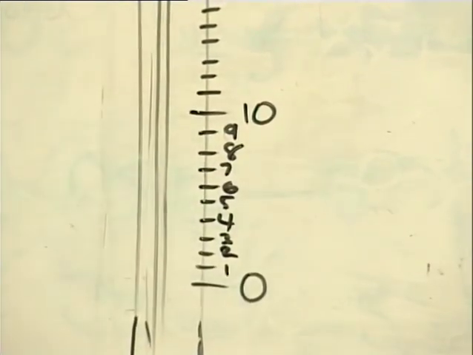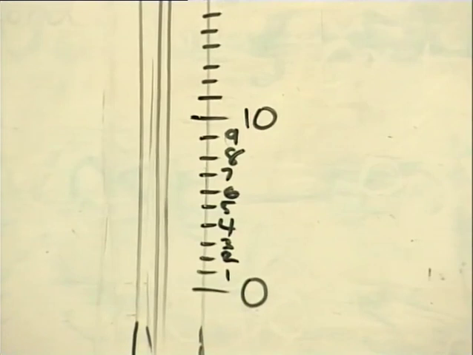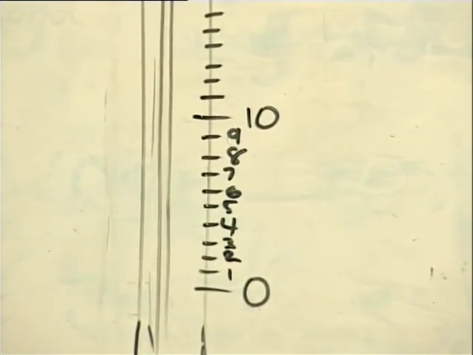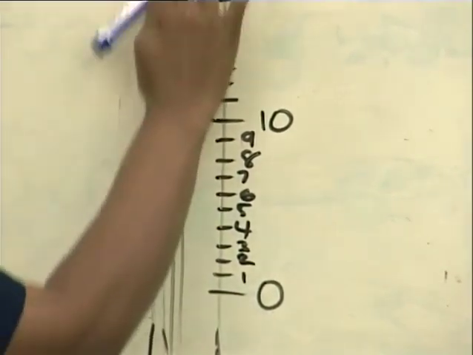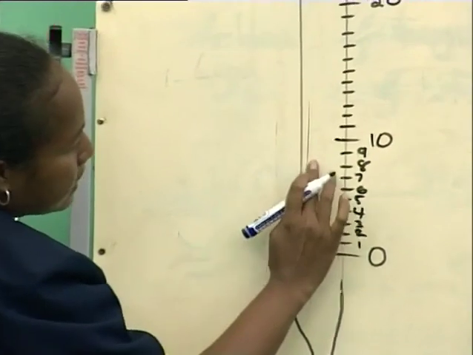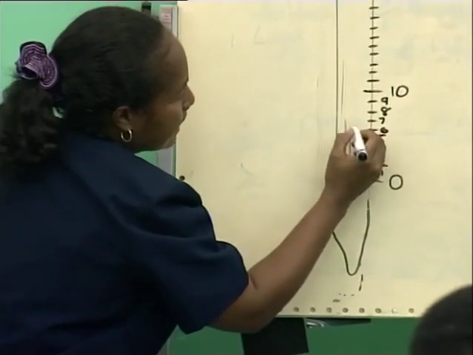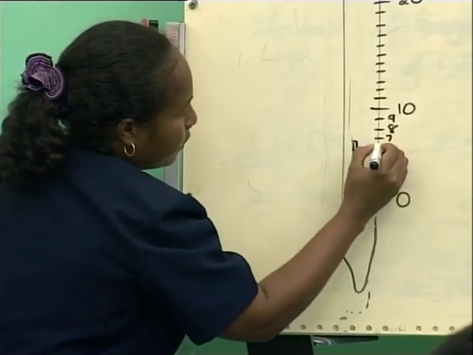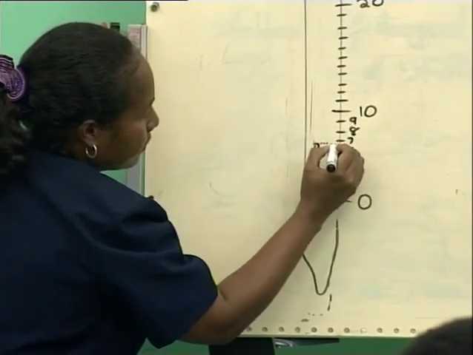And it goes on. Now, what if you take your reading and you see that the alcohol strip stops somewhere in between 6 and 7, let's say here. Between 6 and 7.